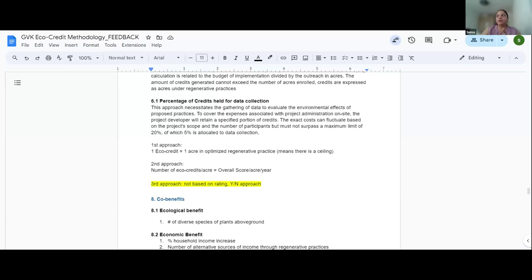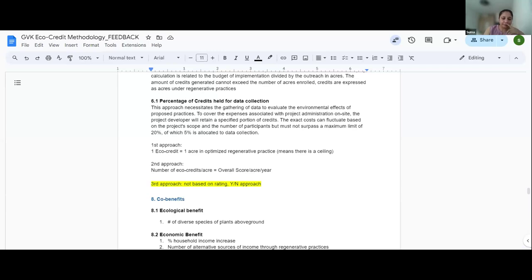This seems a bit more holistic, in the sense that no matter what the size of the farm is, eco credits can be assigned. Similarly, it can also differentiate and incentivize farmers who have implemented more practices, and that can pave the way for other farmers to feel motivated and encouraged.